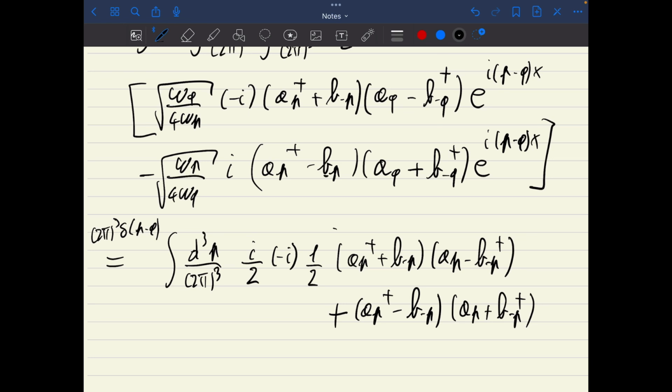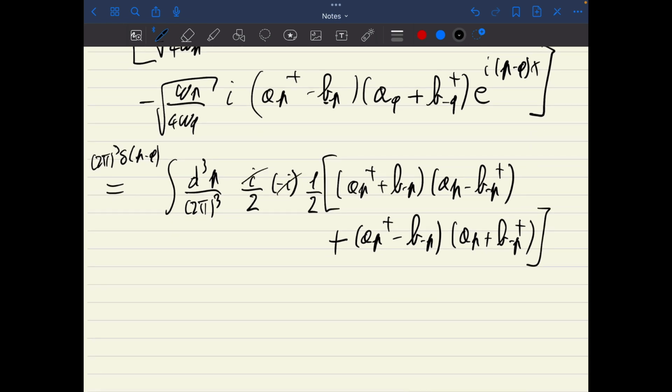And that's just one. And we need, as previously, to simplify these operators. So we have 1/4 here.